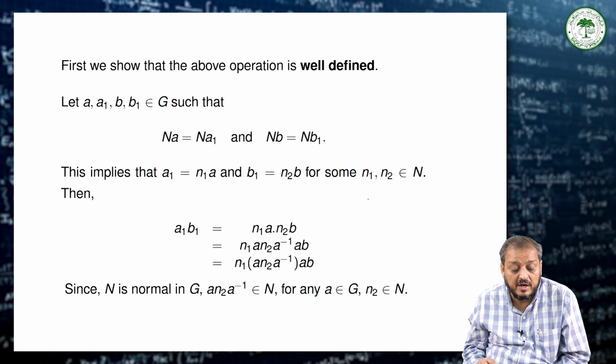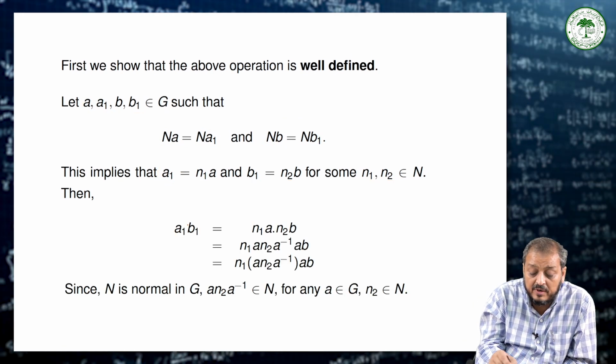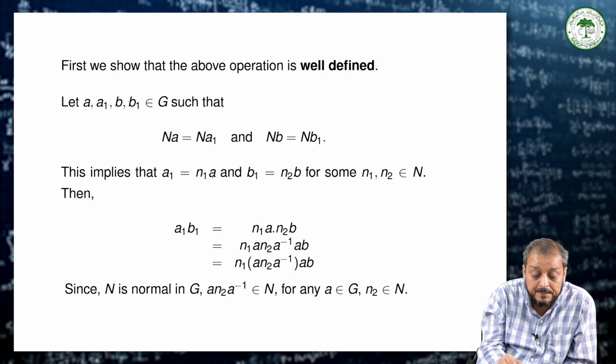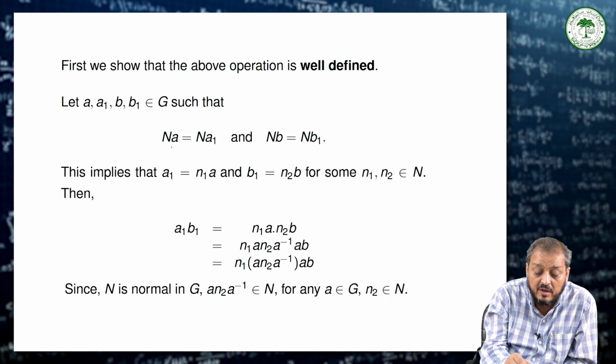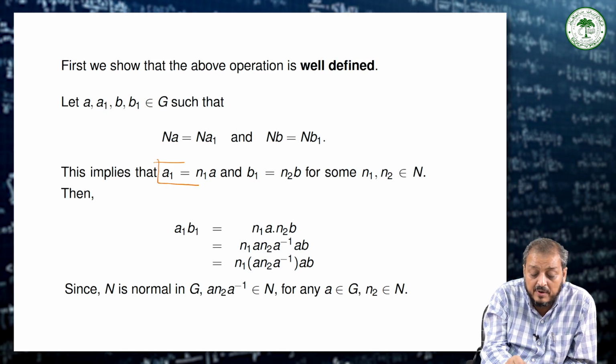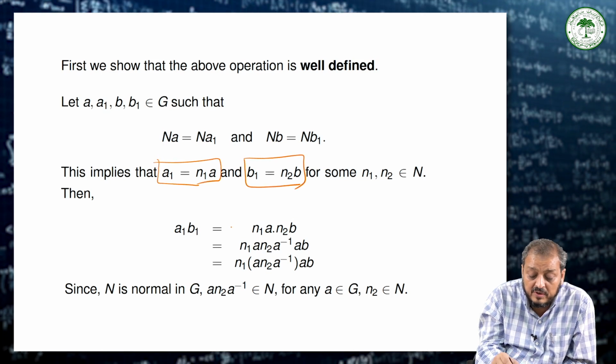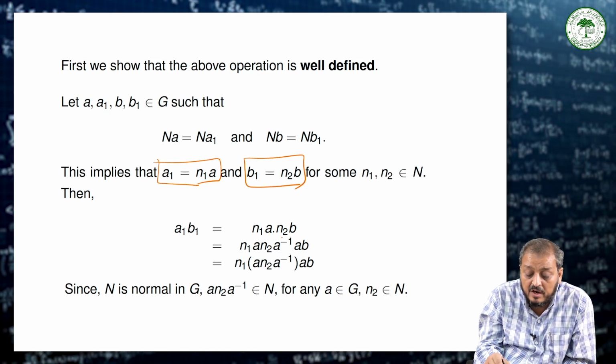Now we have to try to list. So a1, b1 can be written in the form n1a, because a is an element of G. So a1 can be written in the form n1a, b1 in the form n2b, and a1b1 can be written as n1a n2b.